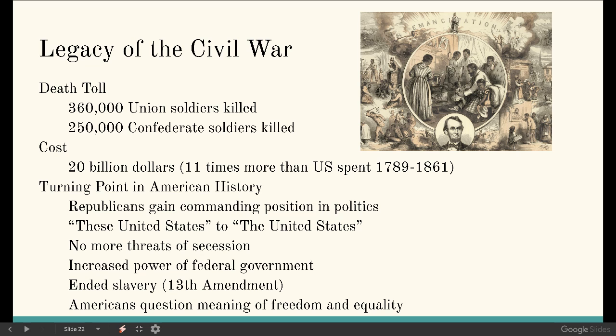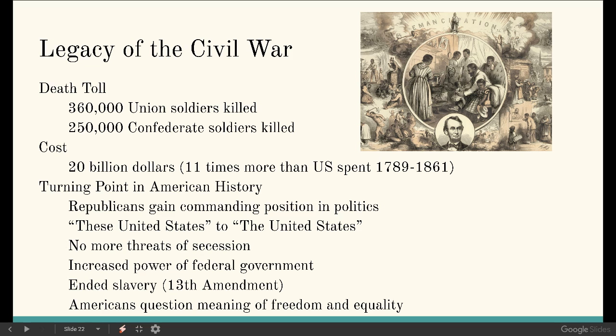So no longer would you have people like General Lee, who would just fight for their state, where they have more loyalty to their state. Now it is the United States as one country. There were no more threats of secession. We haven't had any more, at least no real threats to seceding from the Union.